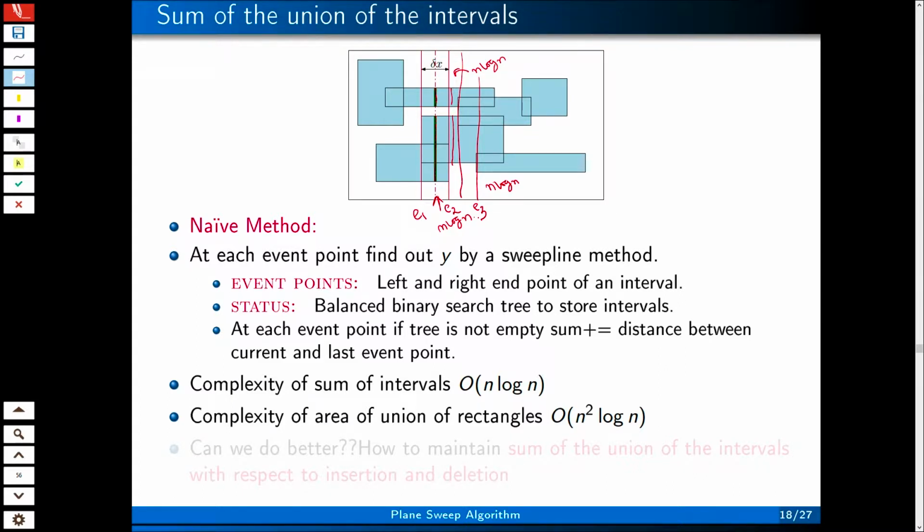So every time I move from one event point to the next, either one interval is introduced or one interval is deleted. If the current event point is a left endpoint, one new interval will start. If the current event point is a right endpoint, one interval which was previously active will be deleted.